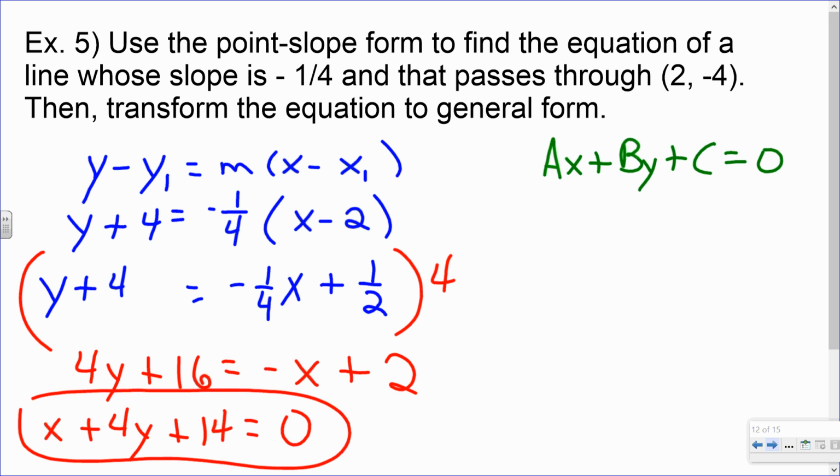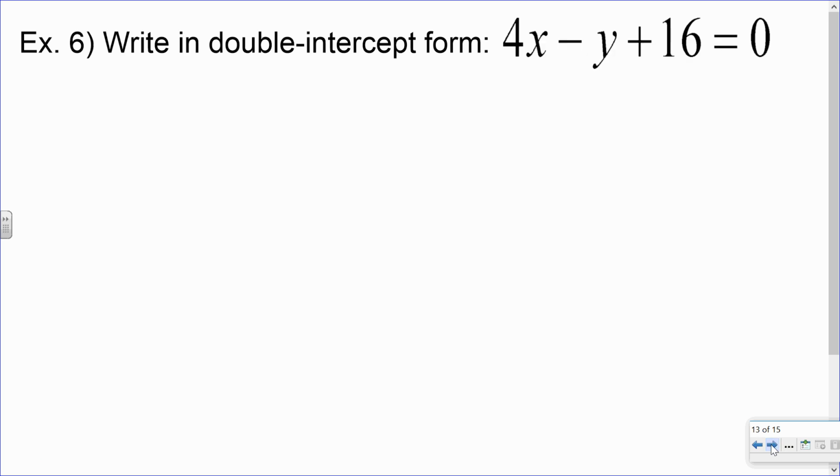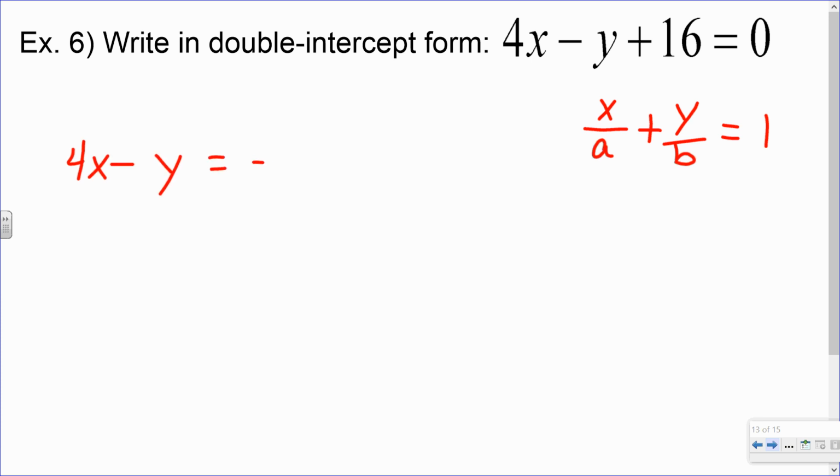And let's do one with double intercept, since that is kind of the most different one. So we want to get this to x over the x-intercept plus y over the y-intercept equals 1. There are two ways that I can do this. I can say 4x minus y equals negative 16. I want to have a 1 over there.